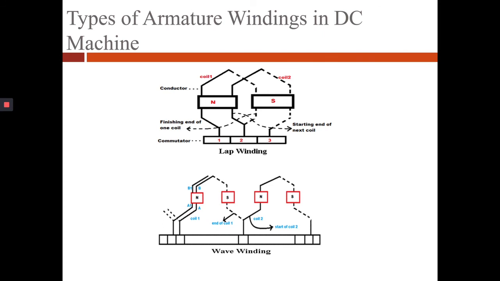This current flow will produce a magnetic field of its own, which will distort the original magnetic field from the machine's field poles. This distortion of the magnetic flux in the machine as the load is increased is called the armature reaction. This is about the DC machine.